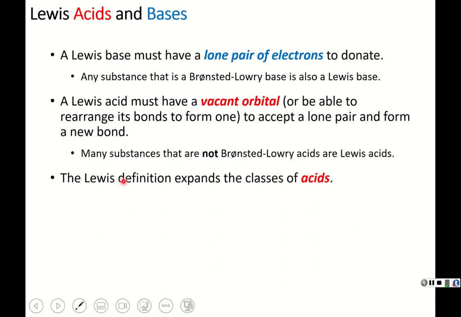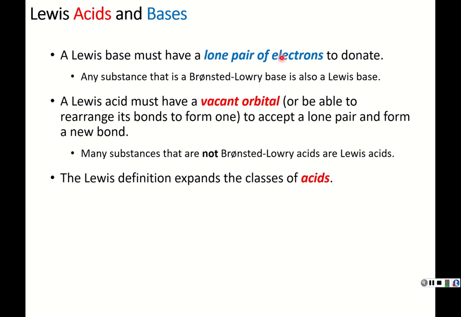So what are we looking at in terms of Lewis acids and bases? What do their formulas look like? What molecules or elements are involved in this? A Lewis base, because it's donating electrons, has to have a lone pair of electrons.